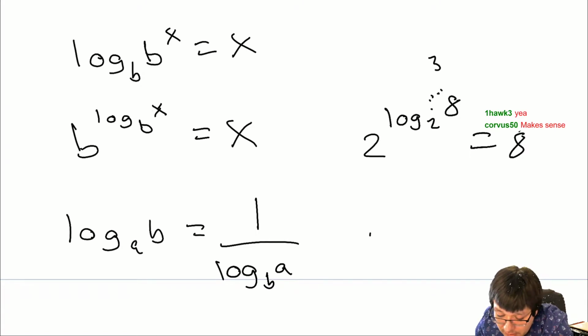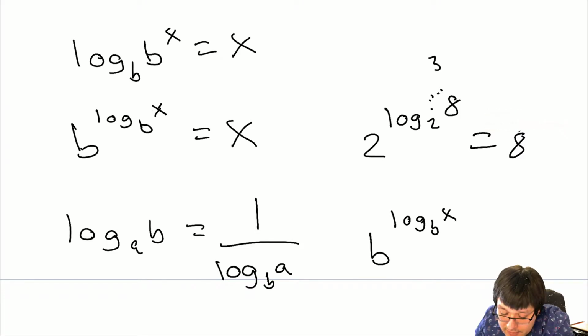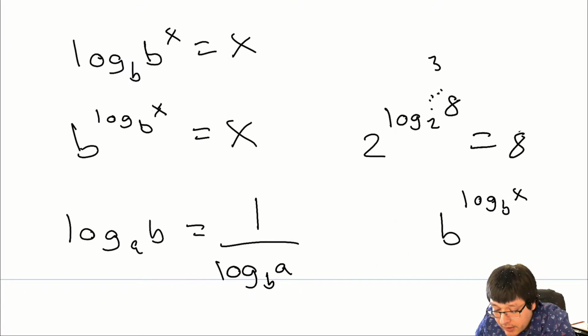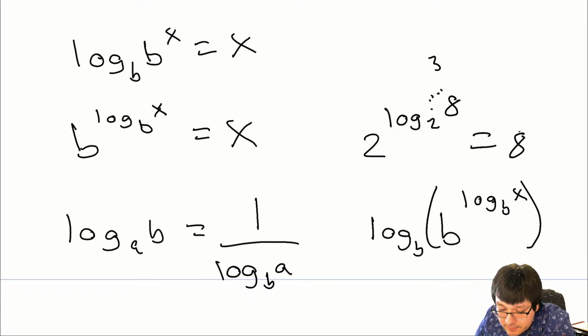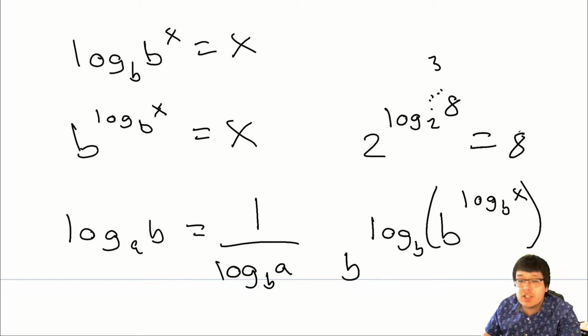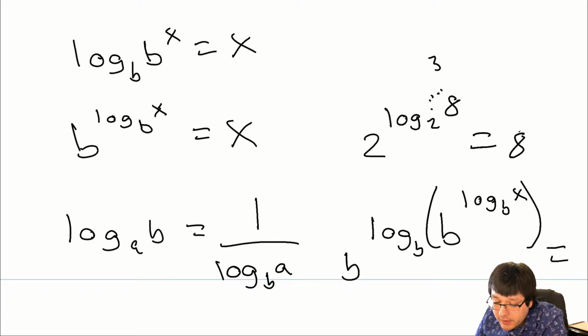So I could say something like b to the log_b of x, and then take that whole thing, which is equal to 8, and then take the log of all of that with respect to b, and put that there like that. So I could chain that and that should still all be equal to basically x, right?